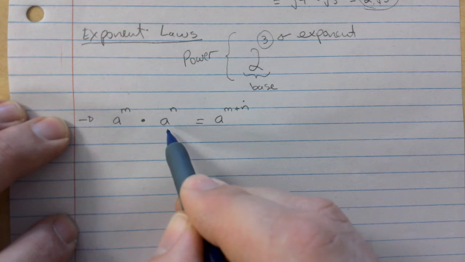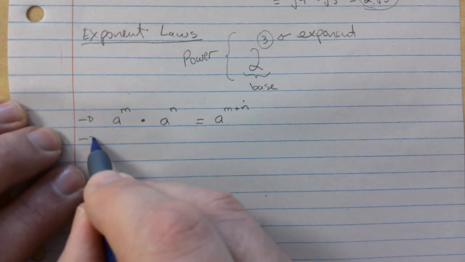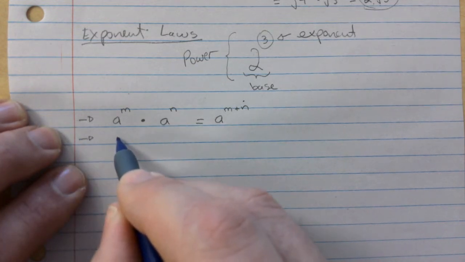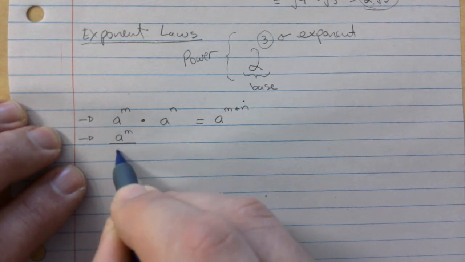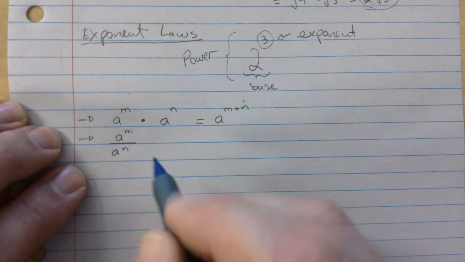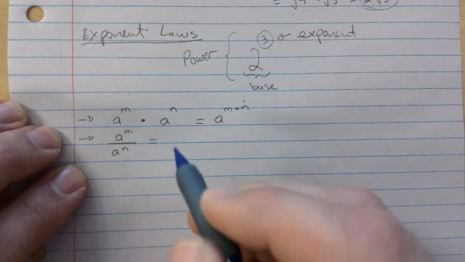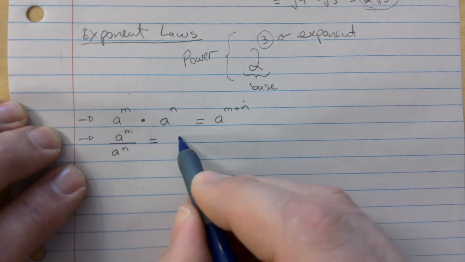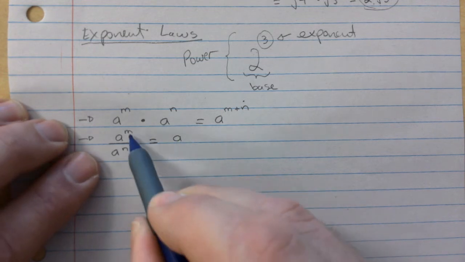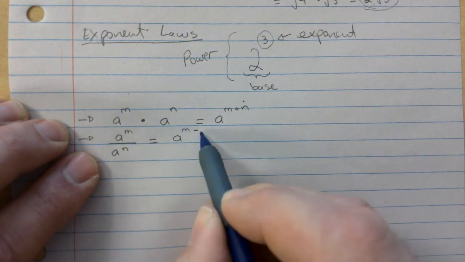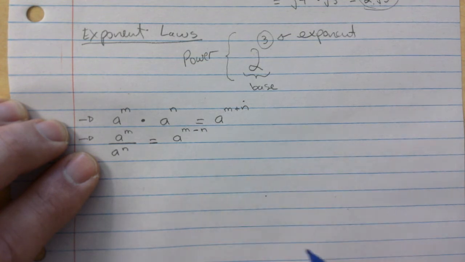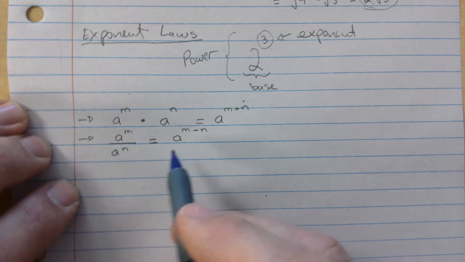Next, if you have a to the power of m over a to the power of n, that translates to a to the power of m minus n. It's always the top one, subtract the bottom. That's another rule.